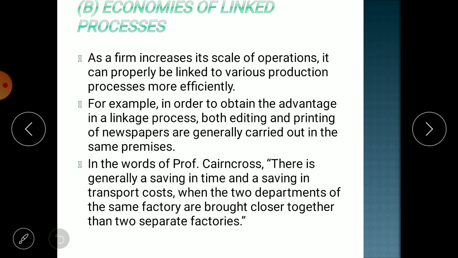Take an example that if you want to produce any product, then there is a process of production. Phases are there. If you complete first phase, then it will move for the second phase. After completion of the second phase, it will move for the third phase. Take the example of car only, and let us assume that you are preparing the car's body.